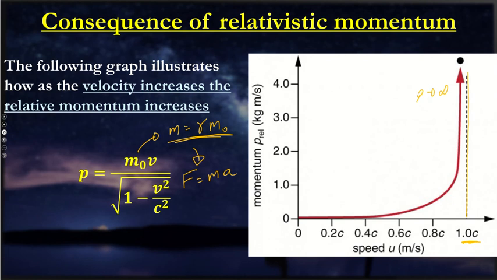So we know that in order to get something moving closer to the speed of light, let's assume we're applying a constant force, mass will increase, so it's going to continually increase. To maintain a constant force, your acceleration will go down and closer to 0 as you get closer to the speed of light.